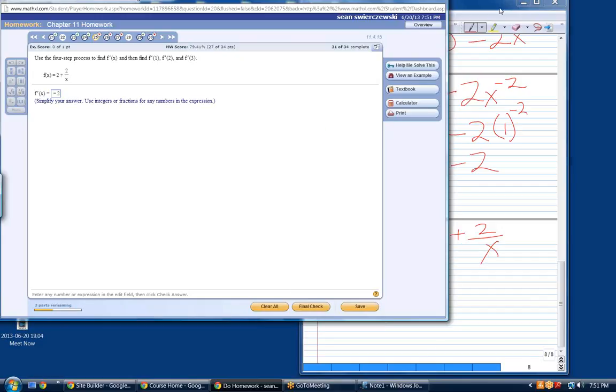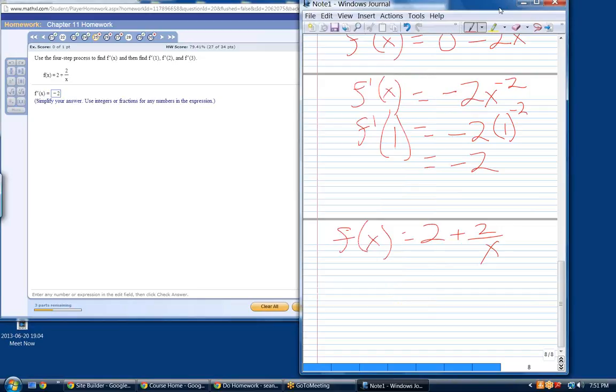Well, let's do it the way they want us to do it. We're going to get negative 2 again, I'm quite sure, but they want us to use the f of x plus h. So tell me what f of x plus h is equal to. So be 2 plus 2 over, oh, you already did it.